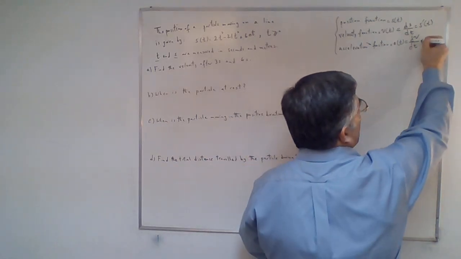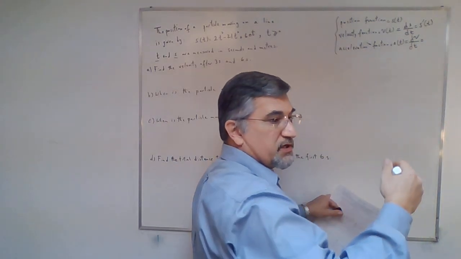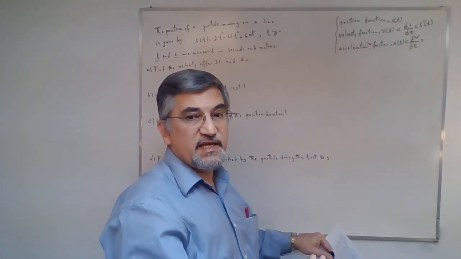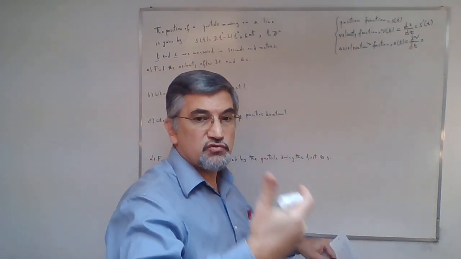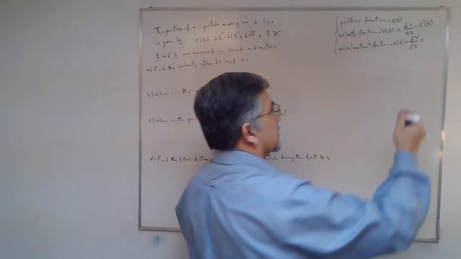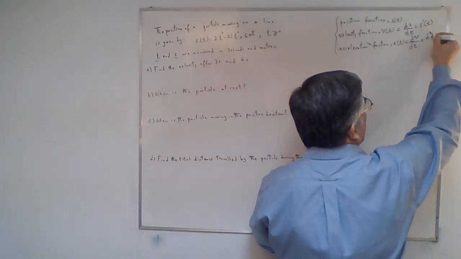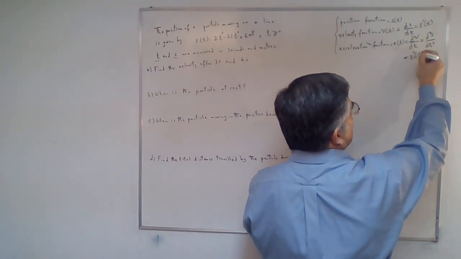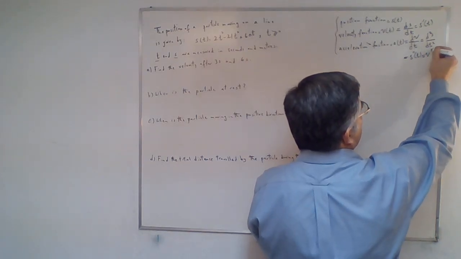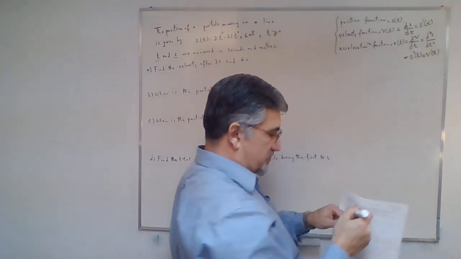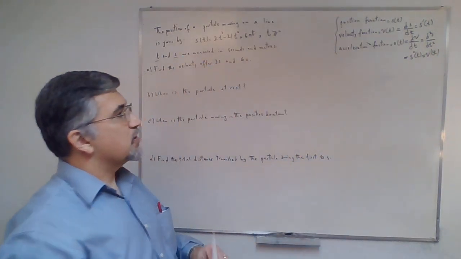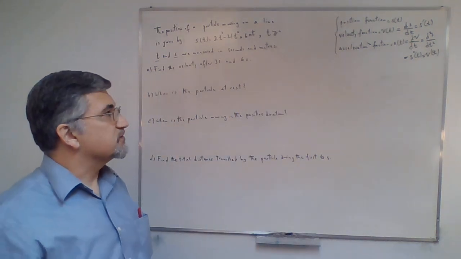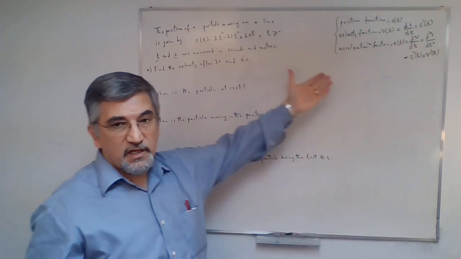Or, because v itself was the derivative of the position function, acceleration is the second derivative of the position function: d2s over dt squared, or s double prime of t, or v prime of t if you want to use the prime notation. So these are the definitions of the position function, velocity function, and acceleration function.